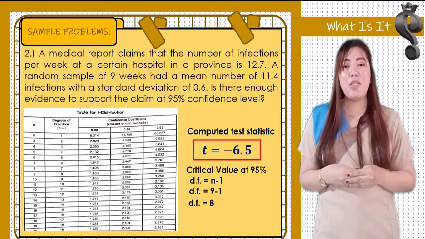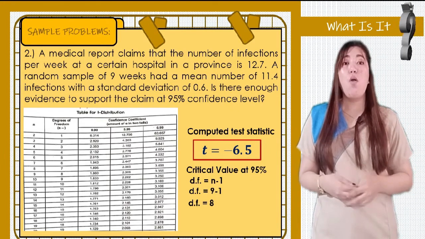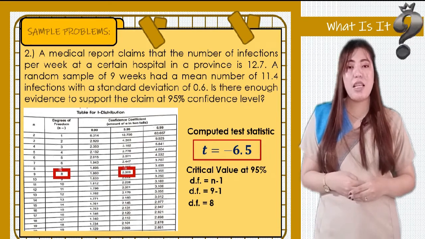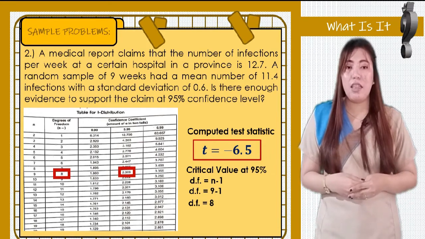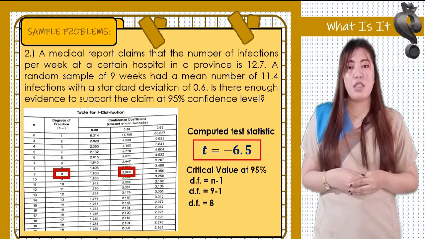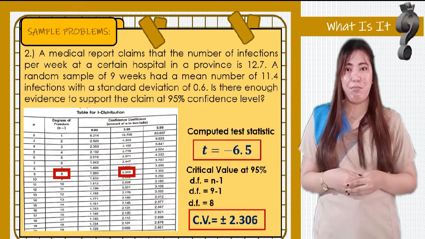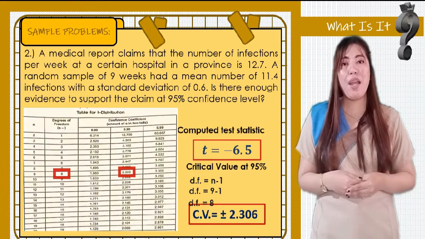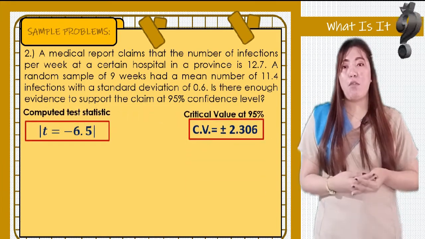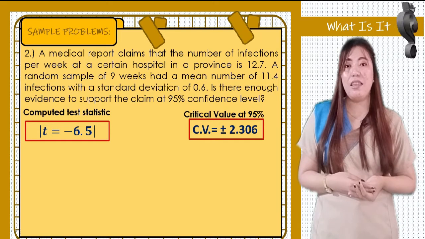At 95% confidence level with a two-tailed test and DF is 8, the t-critical value is positive, negative 2.306. Compare the absolute value of the computed test statistic and the critical value.